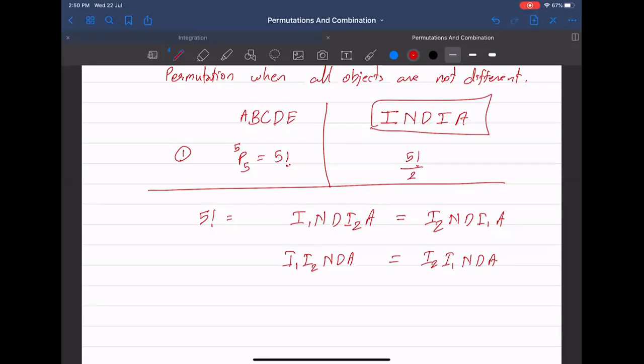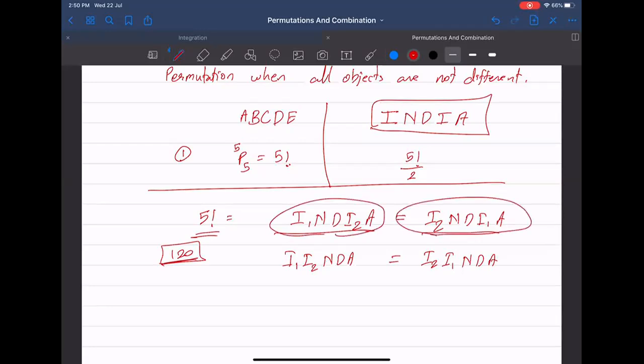So let me repeat. 5 factorial, if you remember, is 120. But of all these 120, there will be duplication. This and this are counted differently, but actually they are the same. Similarly, this and this are counted differently, but actually they are the same.